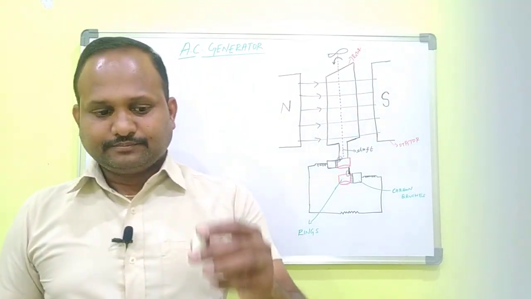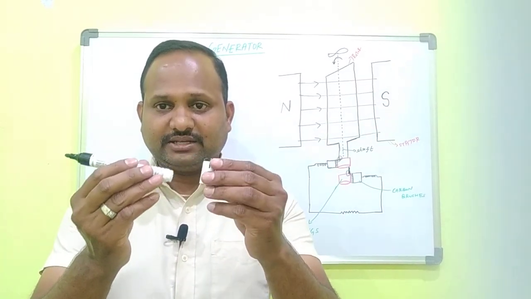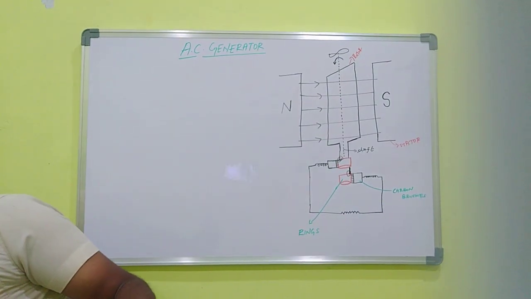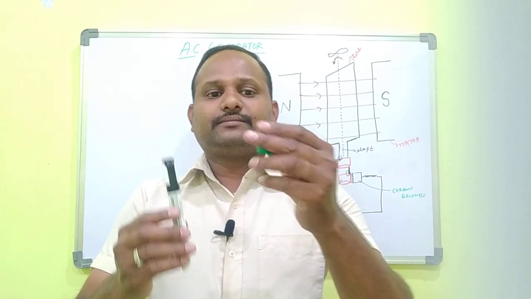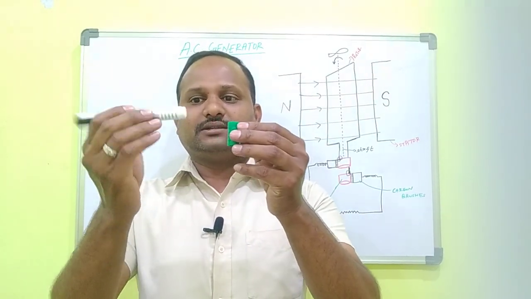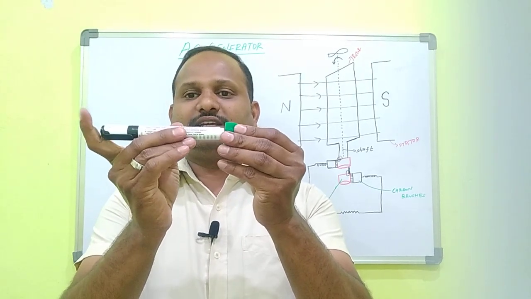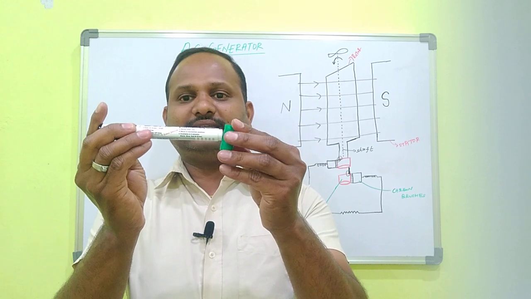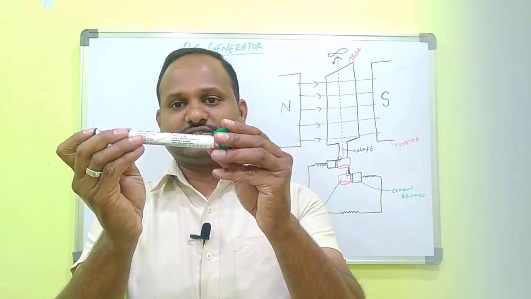Consider this is a ring which is able to rotate. Another one, I will take it. This is a ring, able to rotate. This is the carbon brush. When the carbon brush is pressed with the help of springs, when the rings rotate, there is contact between the ring and the carbon brush.